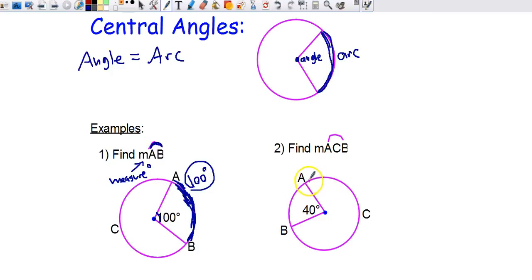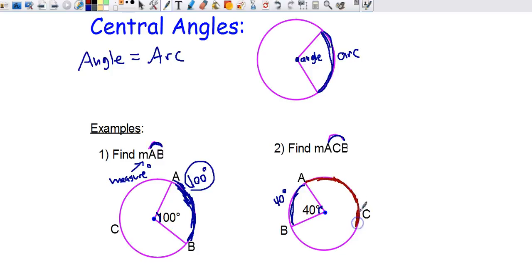If you look at this circle, this angle here is 40. So this arc right here is going to be 40. Now, if you notice here, this says measure of arc ACB, not AB, but ACB. The way that works is you go around the circle, starting with A. This is called a major arc because it's more than half the circle.